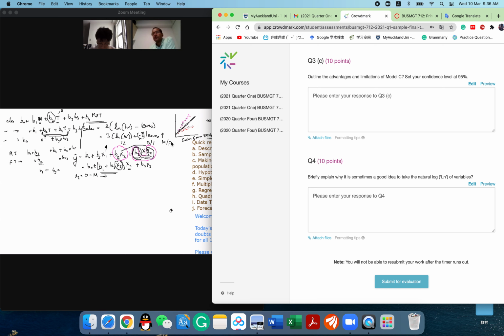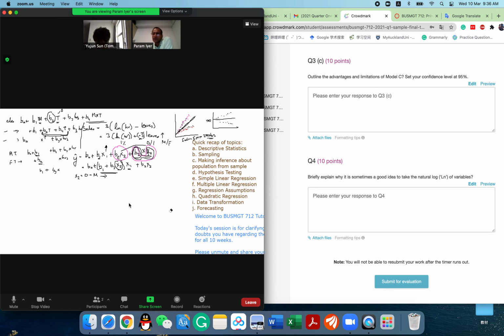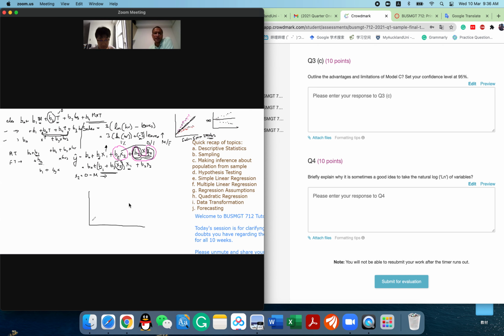The other advantage of log is that what earlier might be seen as an outlier, once you do a log, is no longer an outlier. Because if you remember what happens in the case of an outlier, let's say you had data like this, something here, and then this one goes way up like this. Let's say this is your y variable.